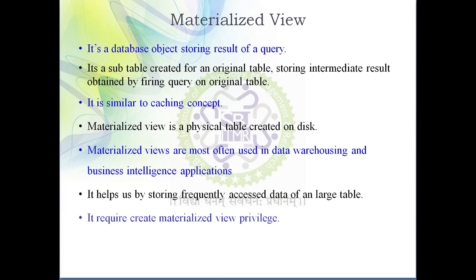Similar to this, in a materialized view we store the data which we require very frequently, but in caching we store it temporarily, whereas in this case we store it permanently. Permanently means it is not the case that you store it only for a specific period of time.